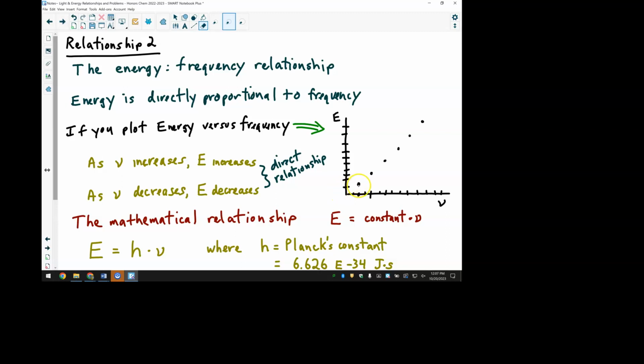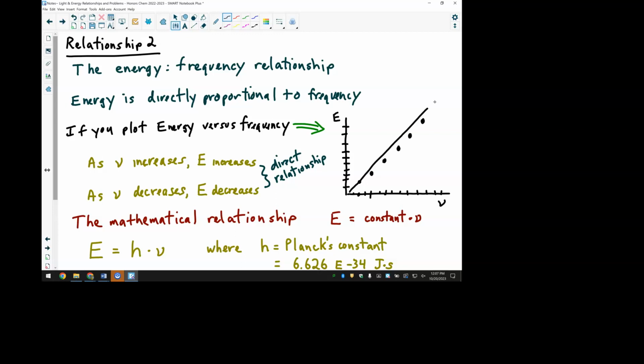Okay, if you plot the frequency, so this beam of light here has this frequency. This beam has this frequency. This frequency has this energy. This frequency has this energy. This frequency has this energy. Oh, and the next higher frequency has this energy. And what you find out is that it is a straight line relationship. I didn't make that line very well, but you get the idea.